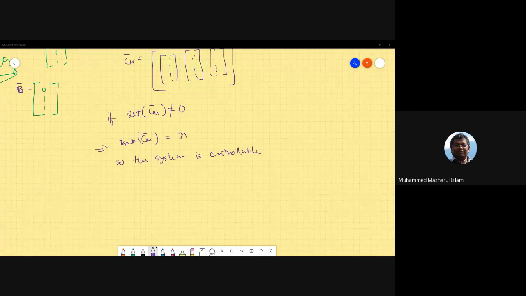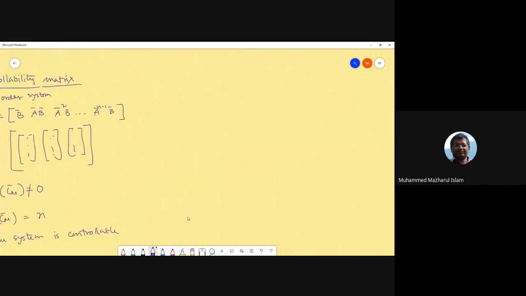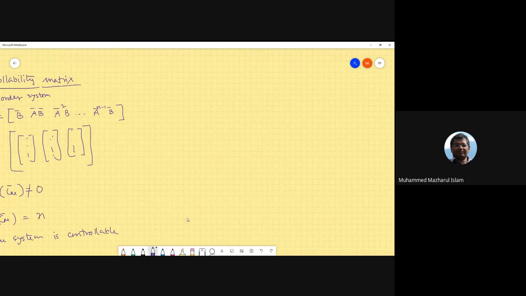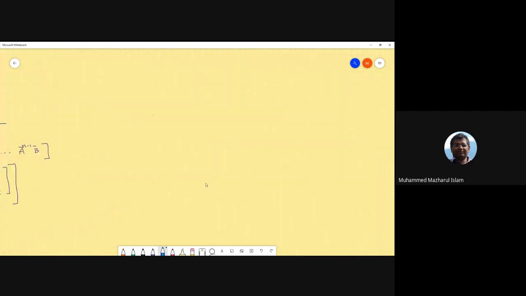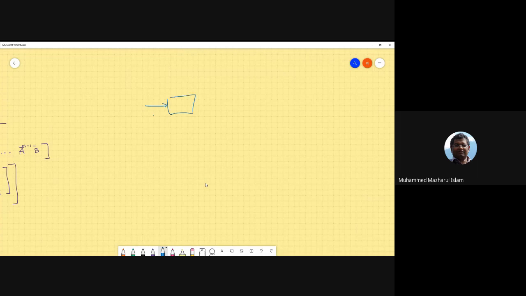So as I was saying, we can check out some other examples, and particularly we can check out whether systems represented in other state space models are controllable. For example 12.3. Okay, if you look at example 12.3, it states that you have a plant. Acha, before I start 12.3, in 12.1 we had a plant, right? We had a single plant.